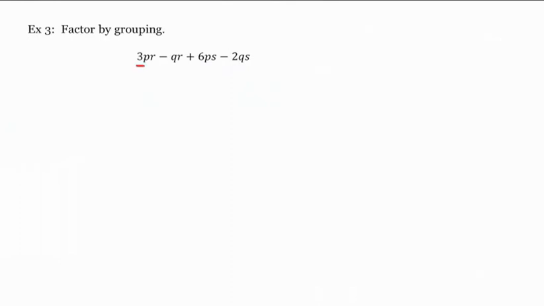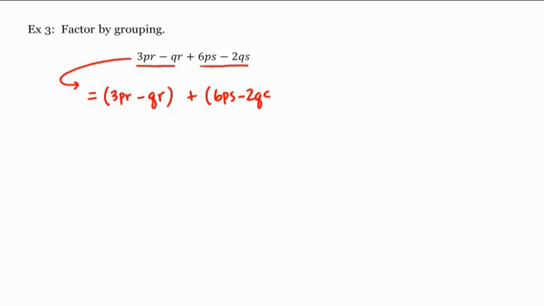We'll begin in the same way. We'll group together the first two terms and then the last two terms, which gives us 3pr minus qr and then plus 6ps minus 2qs. Now the greatest common factor in these first two terms is an r. When we factor that out, we're left with 3p minus q.